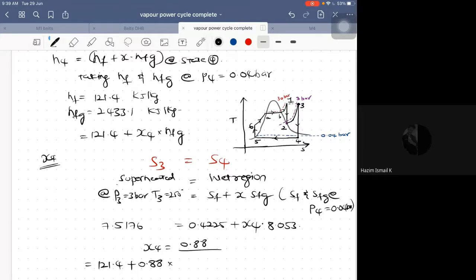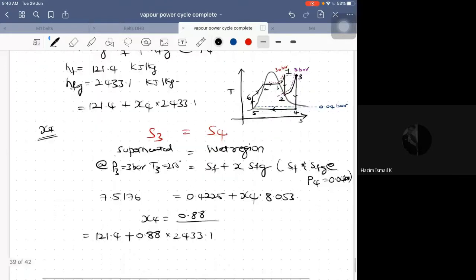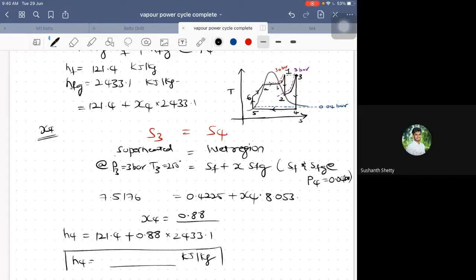What is that value? It is 2433.1. Whatever value you get, that is H4, in kilojoules per kg. 2264.96. Yes, Sushant, how much is it?